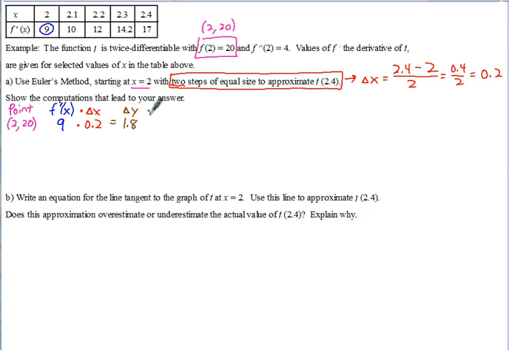And then you add the original y coordinate, which was 20. That gives you the new y coordinate, which is 20 plus 1.8, giving you 21.8.